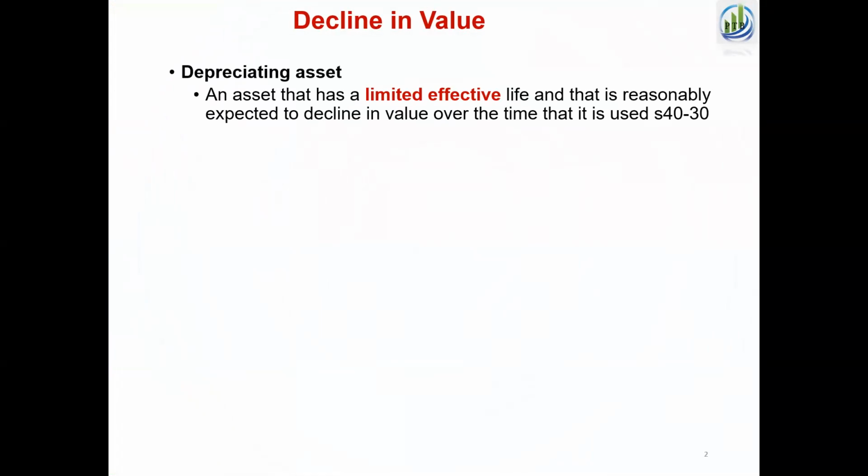For example, you have purchased a car today for $40,000. After 1 year, the value of the car may be $35,000. It means you cannot sell it at the same price after 1 year, right? So how much did you lose? Today you purchased at $40,000. After 1 year, the value is 35. You lost $5,000.